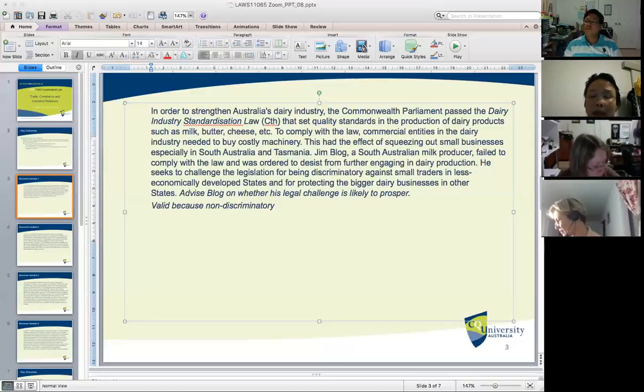So, it might be all right if they were required to buy something that's $100, but a case could be made that if you want them to buy something that's $5 million, whether that is disproportionate to the object they want to achieve, and finally whether a reasonable non-discriminatory alternative is available in order to achieve the object that the regulations want to achieve. So these are the things to consider.